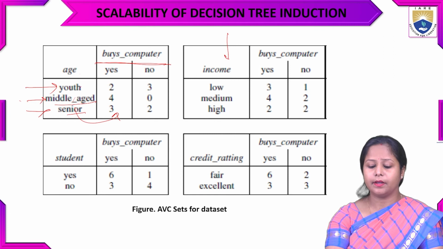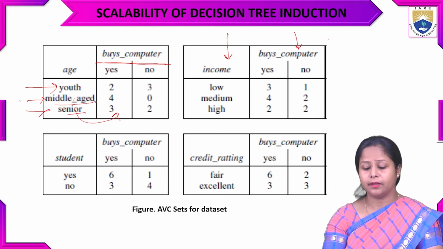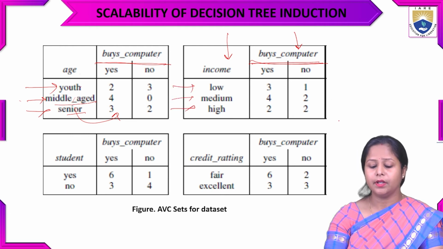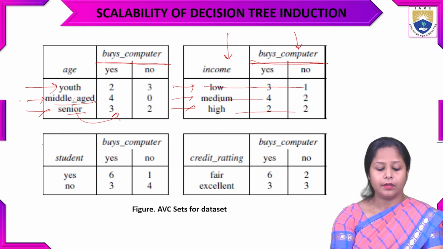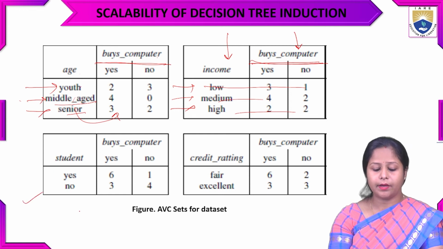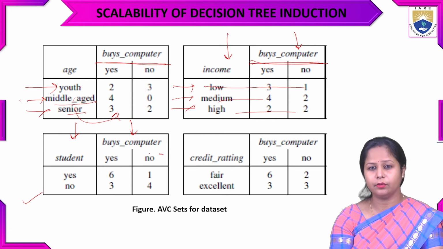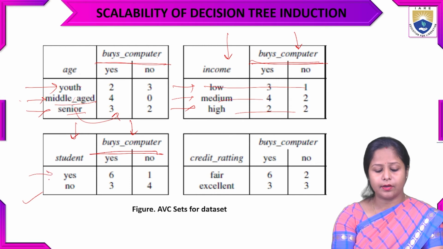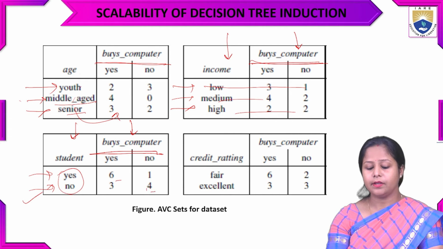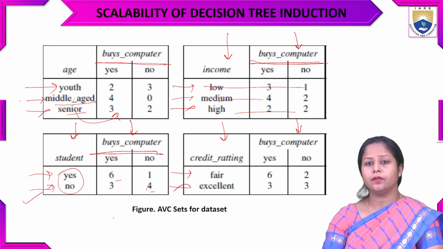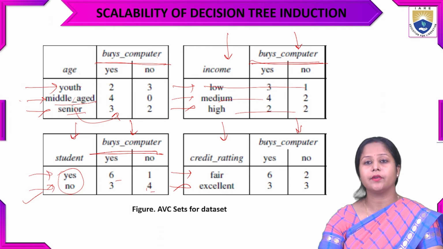On the right hand side we have income and buys computer, with yes and no labels, and the rows low, medium, high with the respective values. In the third table, on the left hand side, we have the student column and the buys computer column, with yes and no classes. On the right hand side, it has credit rating and buys computer, with fair and excellent as rows. So this is the AVC set for the data set.